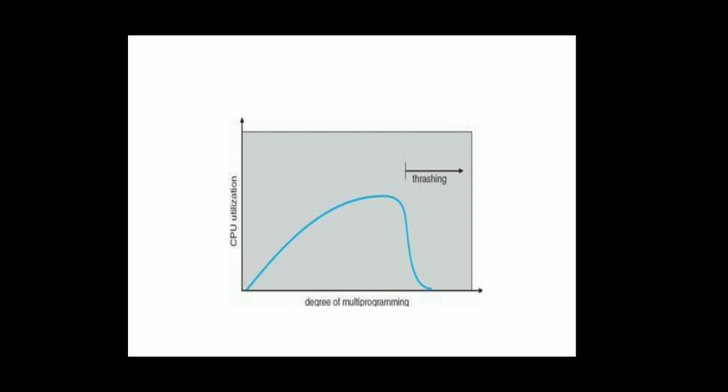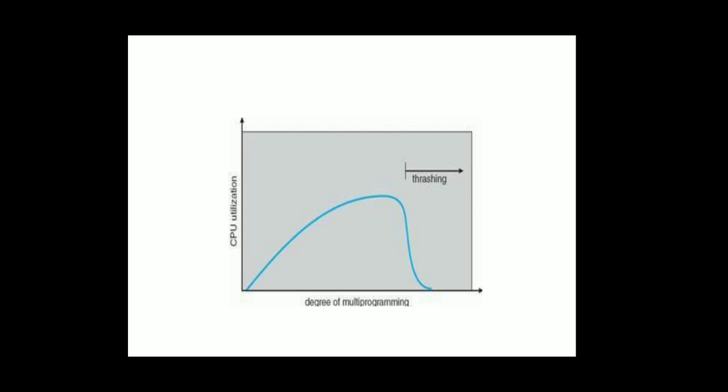This is the figure, or graph, showing thrashing. As you can observe in the graph, as the degree of multi-programming increases, a maximum is reached. If the degree of multi-programming is increased further, then thrashing sets in, and CPU utilization drops sharply, almost to zero.